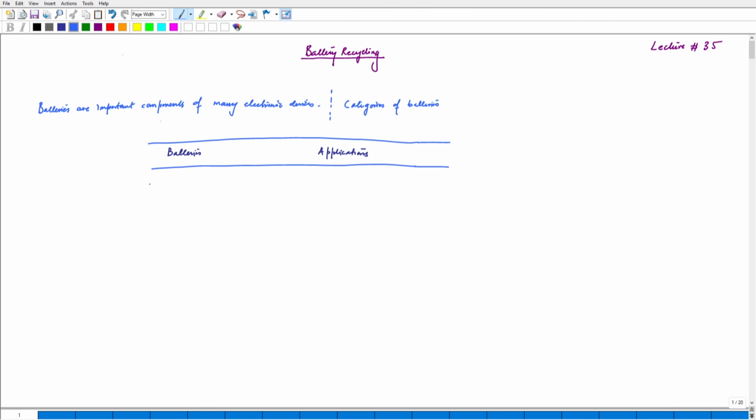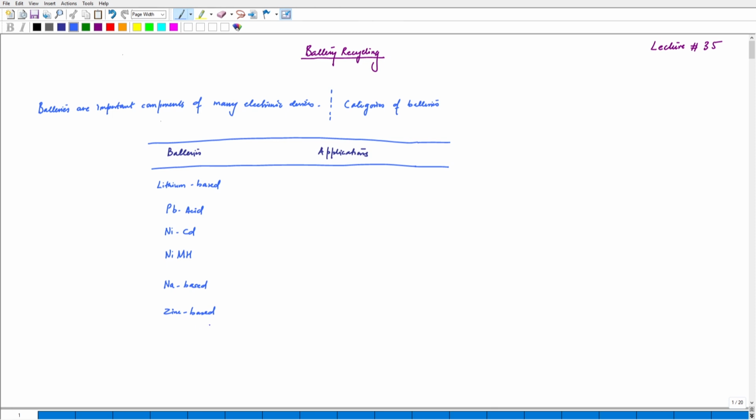So we have lithium batteries, lithium based, we have lead acid, nickel cadmium, nickel metal hydride, NiMH, we have sodium based, which is basically sodium ion batteries. Then we have zinc based.